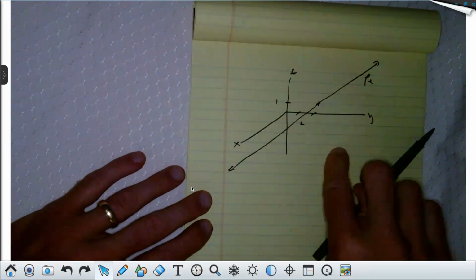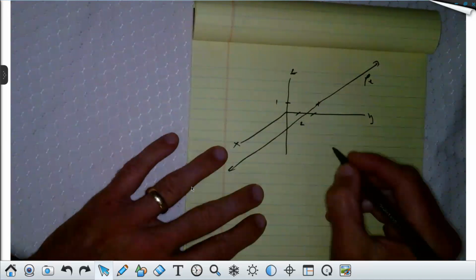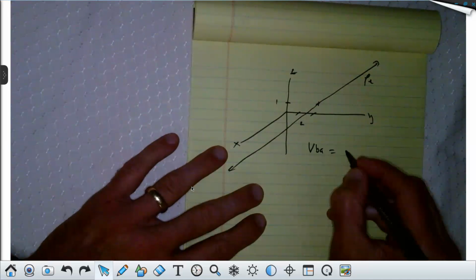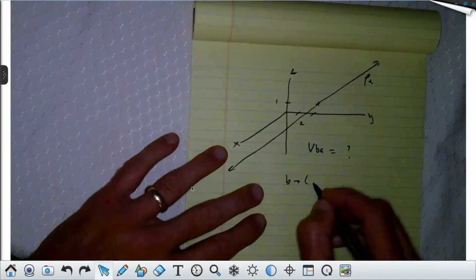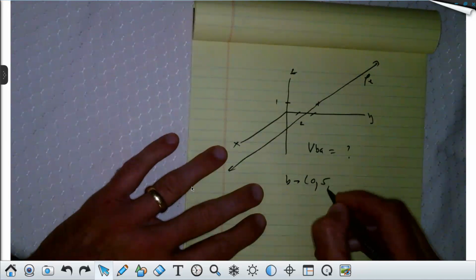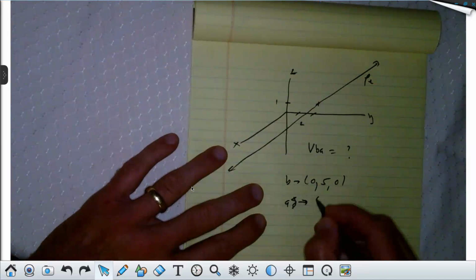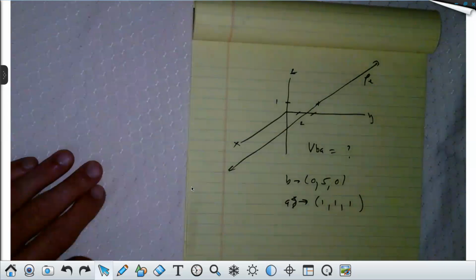All right. Now, what I want you to do is tell me the difference V_BA. I want you to tell me what that is. If B is at a point (0, 5, 0), and A is at a point (1, 1, 1). Now, I want you to think about that.